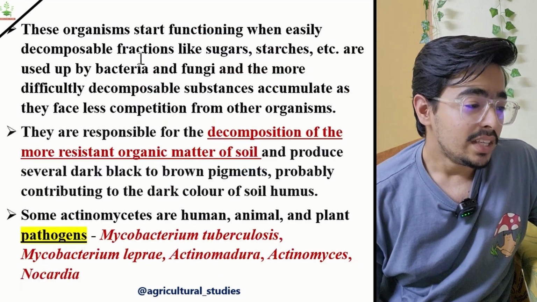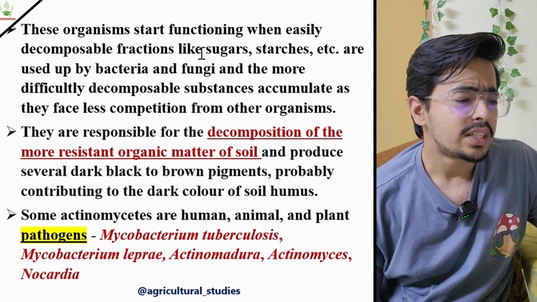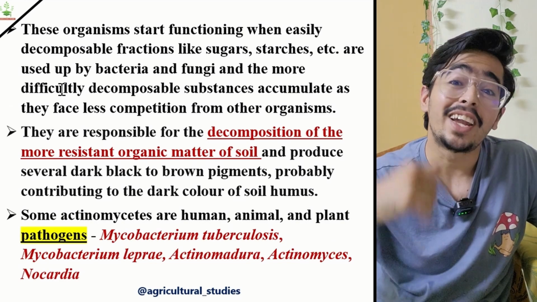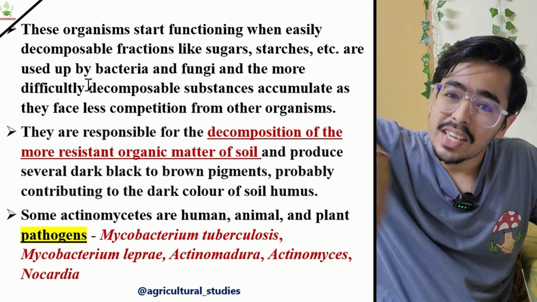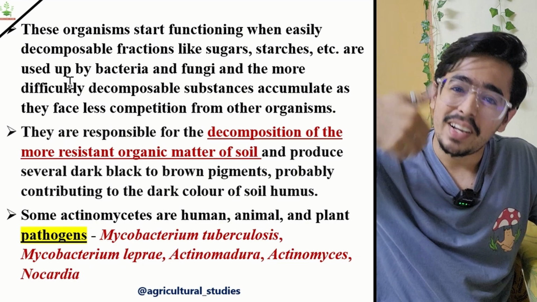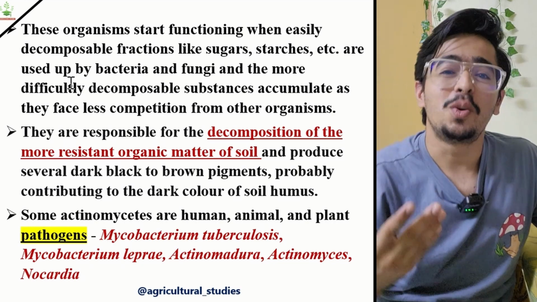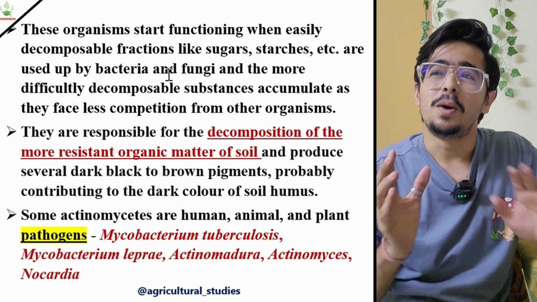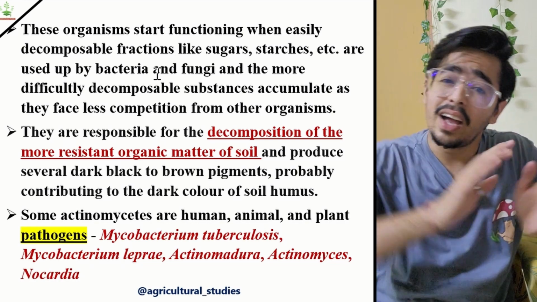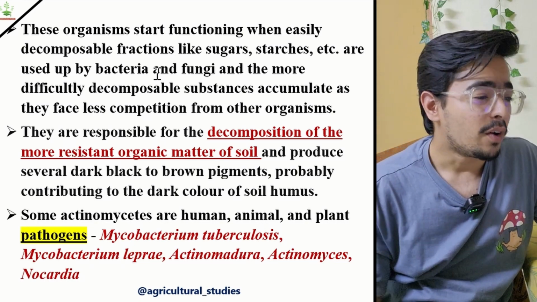Next, these organisms start functioning when easily decomposable fractions like sugar, starch, etc. are used by the bacteria and fungi. I was talking about this point before, right? When easily decomposable things are completely decomposed by the bacteria and fungi, then the actinomycetes come. So they are not good competitors, because when bacteria and fungi have done their work, then actinomycetes come forward.